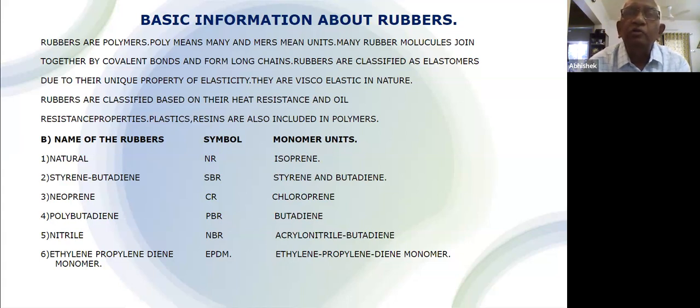Now, what is an elastomer? All of you may know. When you stretch any rubber, for example, a rubber band, and release the pressure, it comes back to its original position. This unique property of rubber is very, very important, and the same property you can't find in plastic. So that is the main difference between an elastomer and plastic.